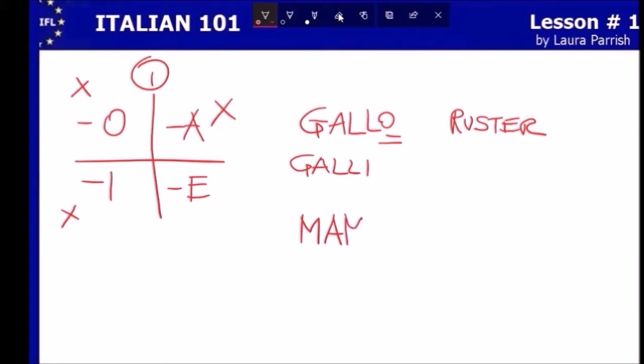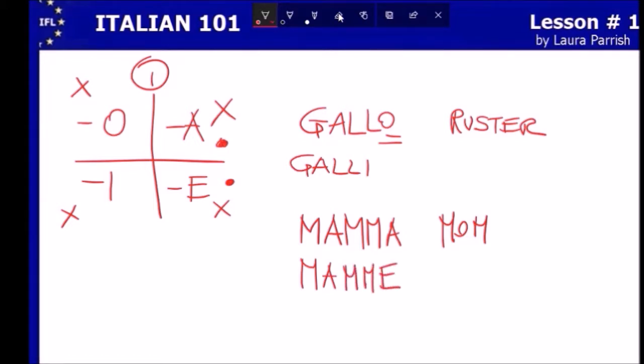If you have a noun that instead ends with the letter A, you know that it is feminine singular. For example, mamma. Mamma means mom, okay? If you want to make it feminine plural, so not only one mamma but a lot of mamme, you substitute the feminine singular ending in A with the feminine plural ending in E, and it becomes mamme. So 80% of words in Italian belong to this pattern, the majority of the words.